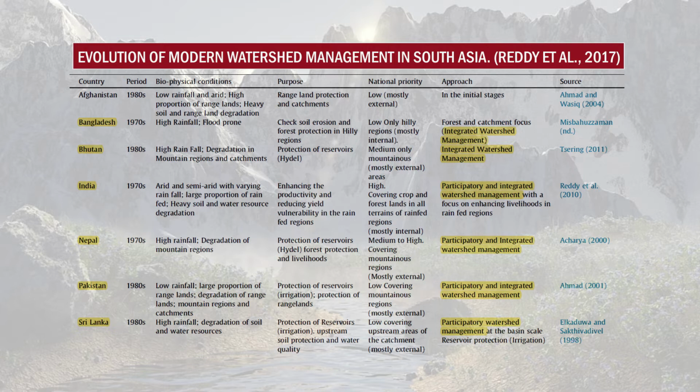In Sri Lanka, their main purpose was protection of reservoirs for irrigation, upstream soil protection and water quality. So, this is looking into the approaches followed by different countries, based on a review paper on the evolution of watershed management in South Asia.